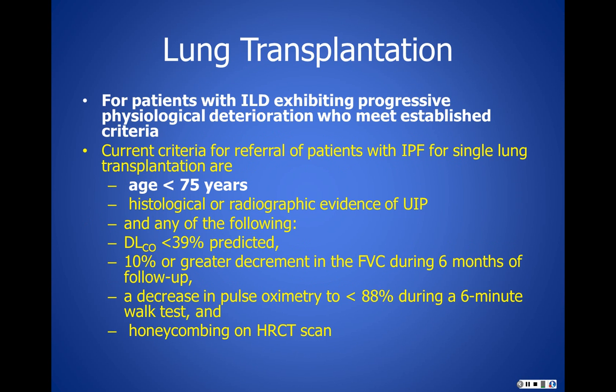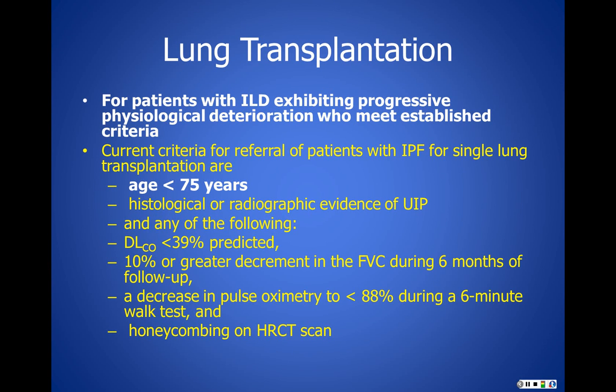Okay, and I'm going to show you more after this on lung transplantation. I said I have good news for you. The lung transplantation criteria for ILD has been changed. Now the age limit has been increased from 70 to 75 years. So I don't know your philosophy about transplanting patients who are 70 to 75.